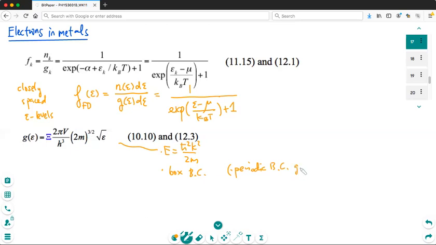So g(ε) dε tells you the number of states between ε and ε plus dε. This is the meaning you should always remember. If you multiply this whole thing by dε, that gives you a number.